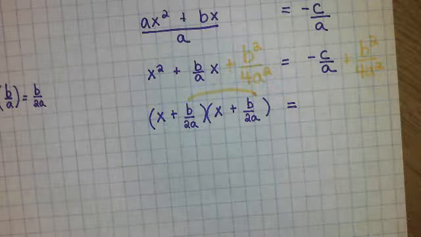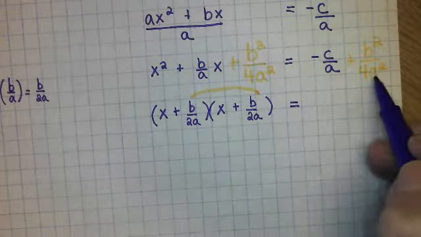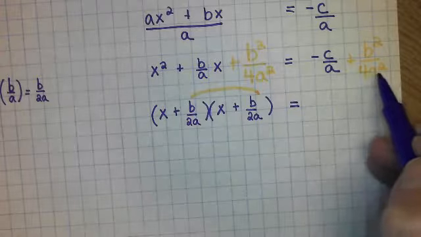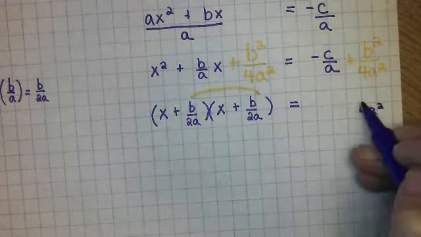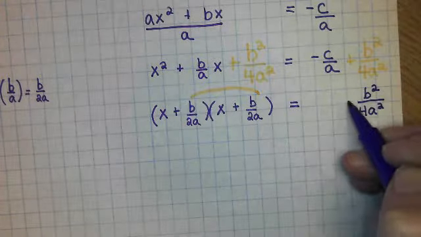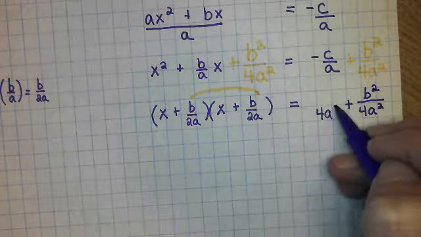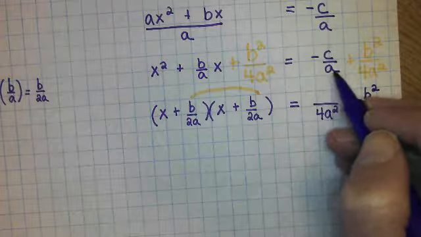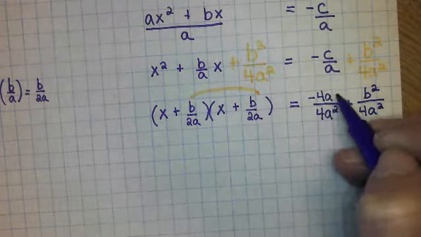Now, in order to combine these two, we need a common denominator. Since this has an a and this has one a, but this has a 4 and another a, we're going to keep the 4a squared as the common denominator, which is not going to change our second fraction. But in this one I already have one a, but I need to multiply the top by a 4 and an a.